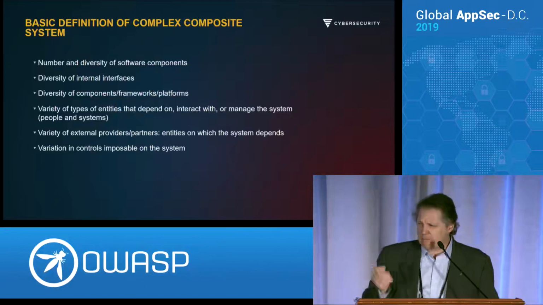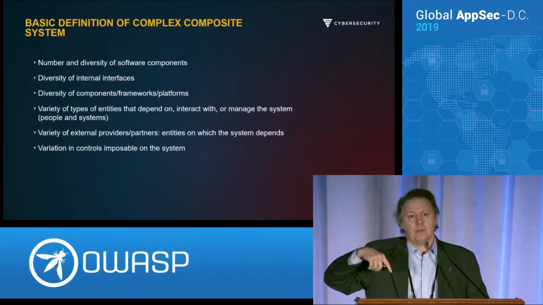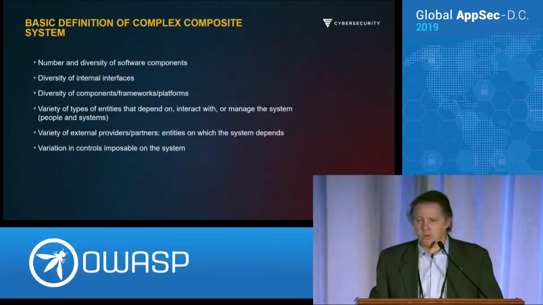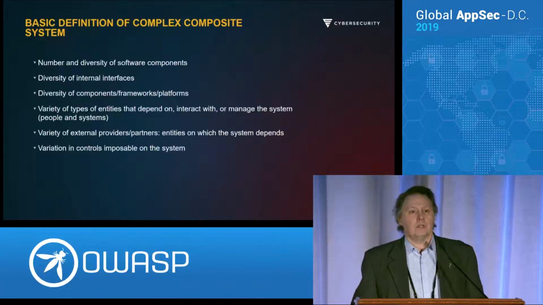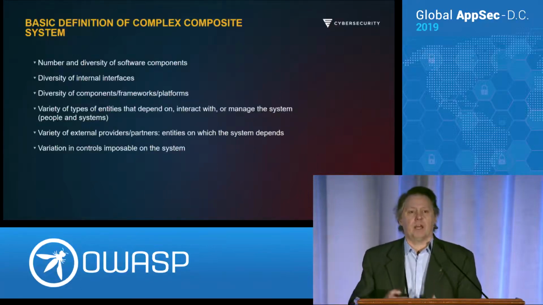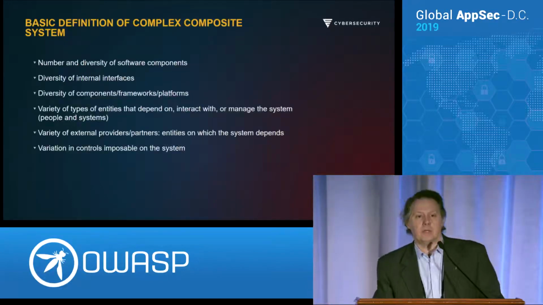So there's a variety of types of entities that depend on your system, right, to deliver them trustworthy data or to provide them a service. External providers, right, obvious. And lastly, the variety of security controls that you might impose on your system, or that regulators or compliance regimes might require to be imposed on your system.